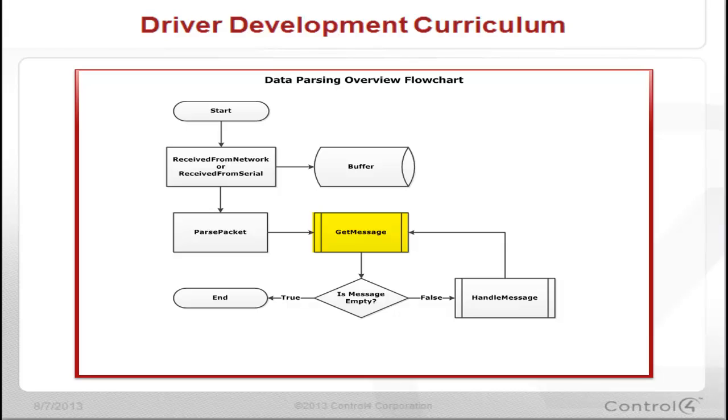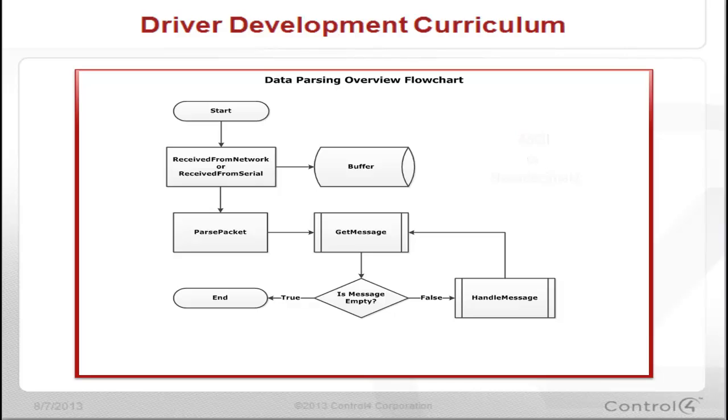Next, a function named getMessage is called from within parse packet. The purpose of getMessage is to parse the contents of the buffer to find specific messages embedded in the device data. As a driver developer, you will need to configure the getMessage function to look for messages in the buffer while taking into consideration your device's protocol specification.